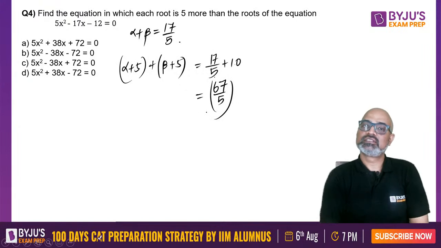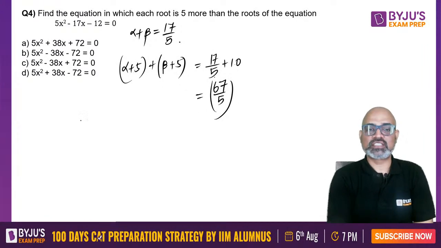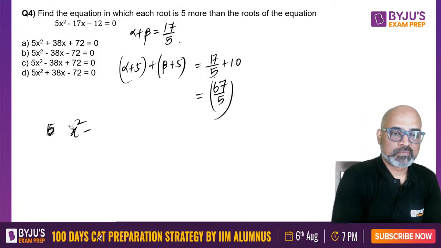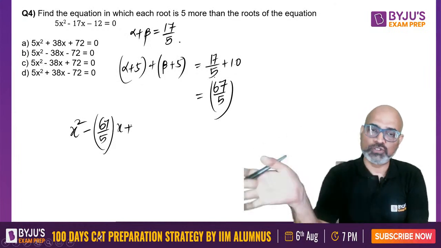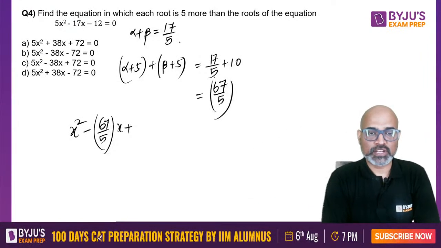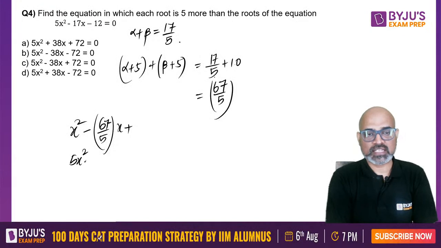See? It has to be 67 by 5. So it should be x square minus the sum of the roots, which is 67 upon 5, into x plus the product of the roots. Now the product of the roots we will see later. But we need to have 5x square minus 67x for sure, no?